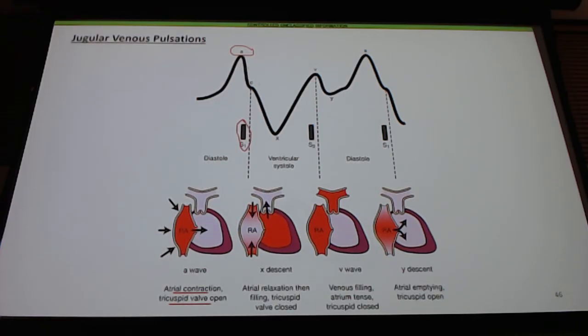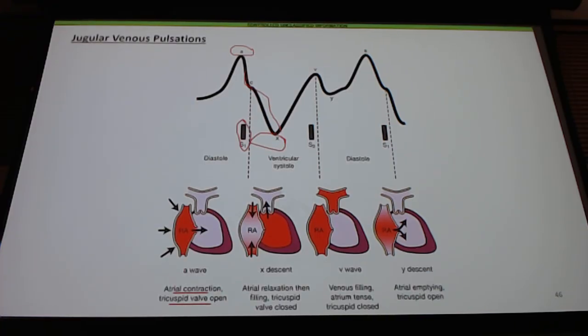As the ventricle starts to squeeze, you're going to have a little cessation of the drop of that A wave, and that's just from the tricuspid valve kind of billowing back into the atria, but it's just a very brief pause, and then that pressure continues to drop into your X descent.